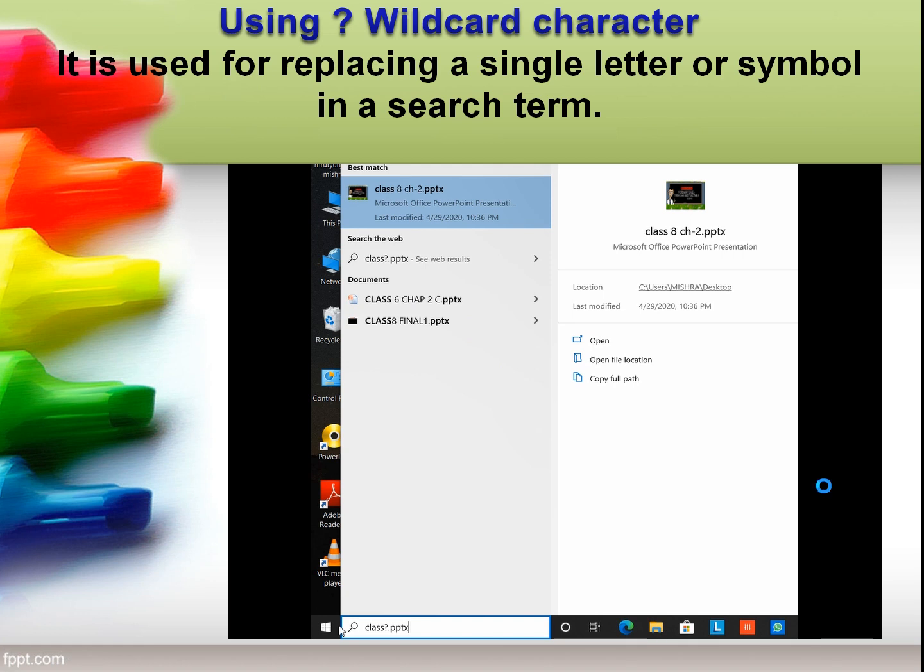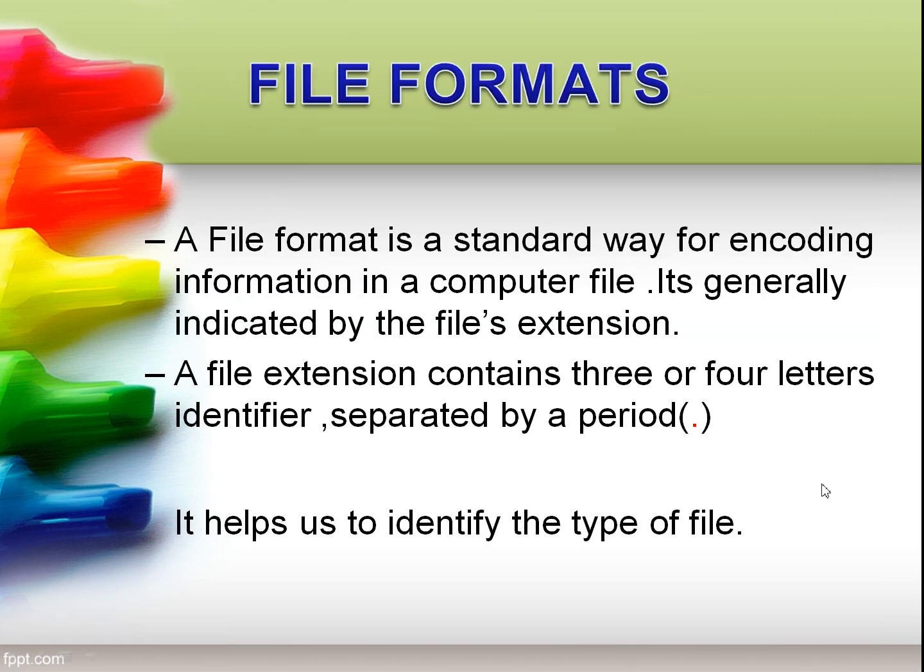Let us move further. File formats. File formats are the standard way of encoding information in a computer file. It is indicated by the file's extension. A file extension contains a 3 or 4 letter identifier separated by a period.